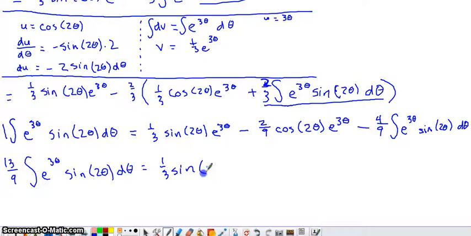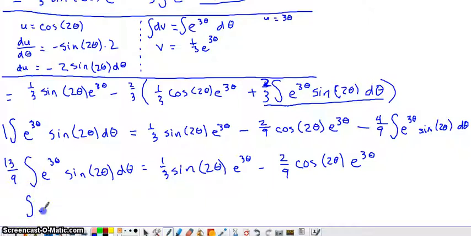And then on the other side, I'm just going to have these pieces that sat outside the integral, so I'm just copying these down. If you want to know what the original integral equals, you don't have just the original integral equaling something yet. You have 13/9 the original integral equaling something. How would you solve that for the original integral? Well, you would just divide by 13/9 or multiply by the reciprocal, multiply by 9/13.